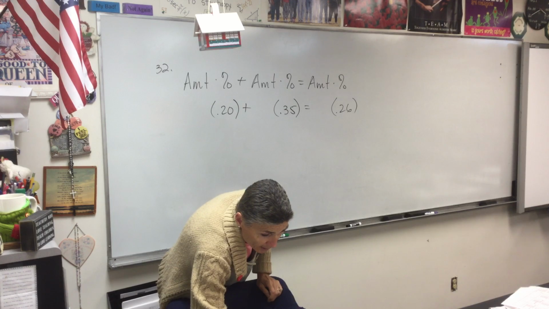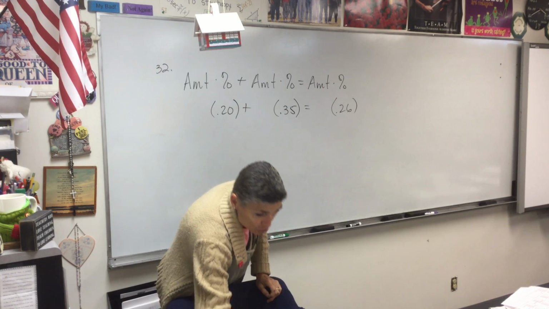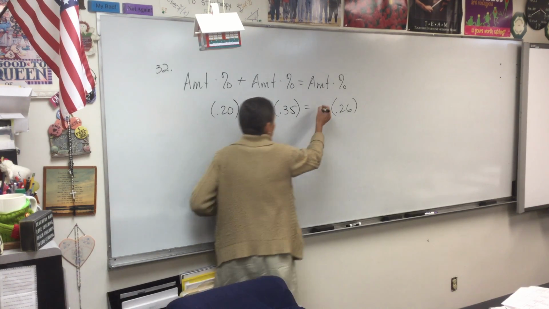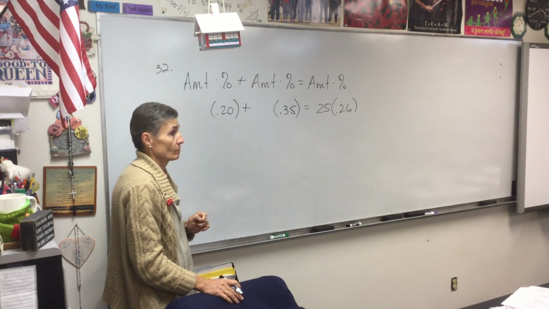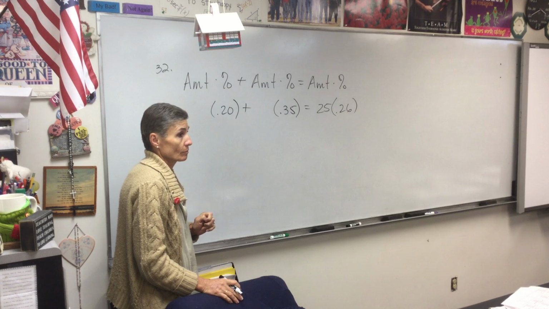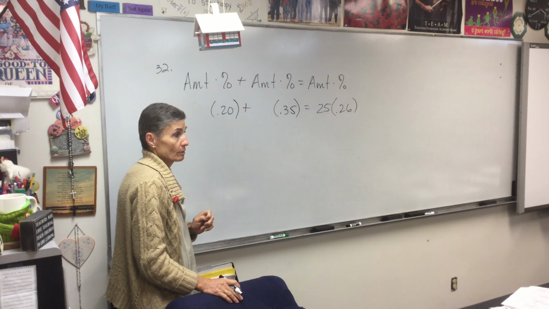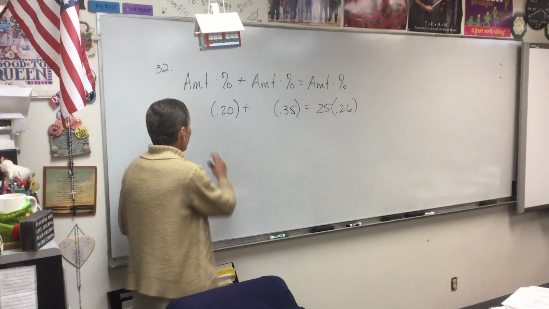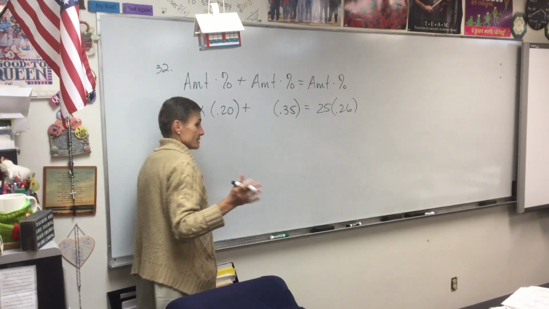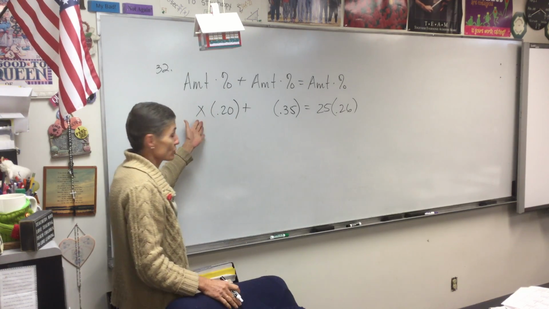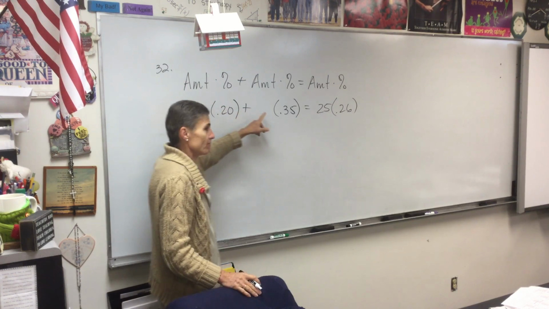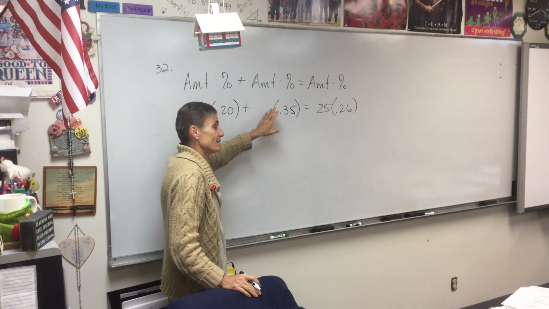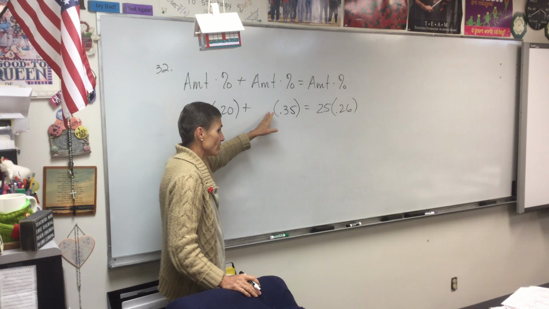So the amount I know is 25 liters, and it goes here with the 26%. Now, one of these will always be X. It doesn't matter. I usually let the first one be X. And then you have to figure out the second one. But that isn't hard at all.